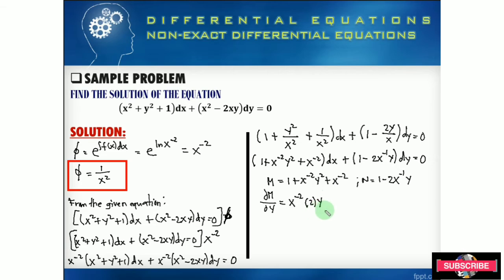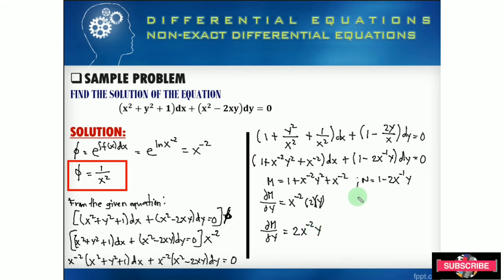And here this would be equal now to 0, since this is being considered as constant. So our partial derivative of m with respect to y is just equal now to 2x raised to the negative 2 times your variable y.